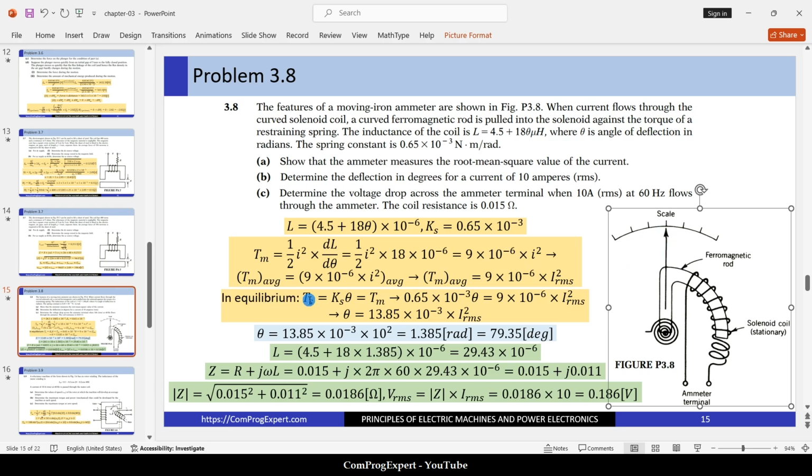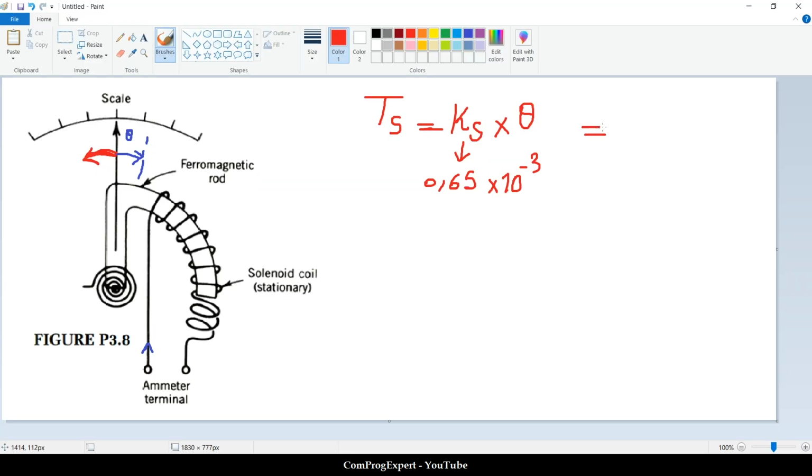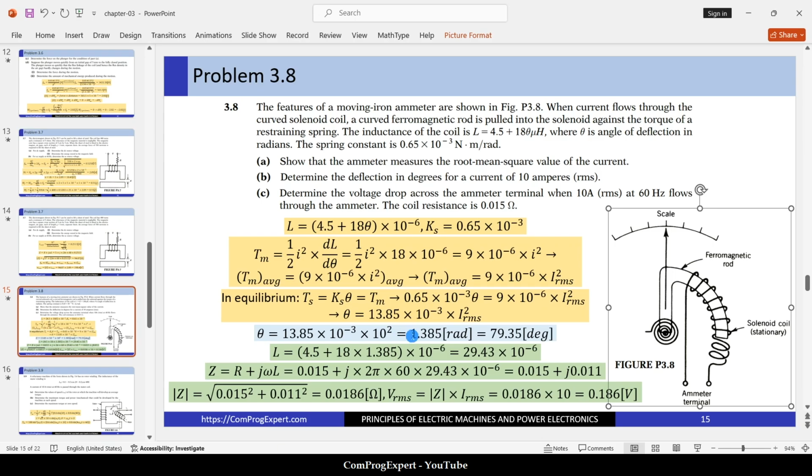In equilibrium condition, we can write Ts, the torque of a spring, that is Ks theta, must be equal to the magnetic torque. Okay, this torque must be equal to the magnetic torque in equilibrium condition. So this is equal to 0.65 times 10 to the power minus 3 times theta.